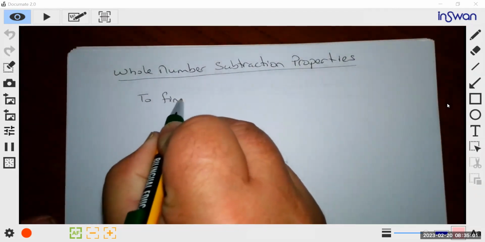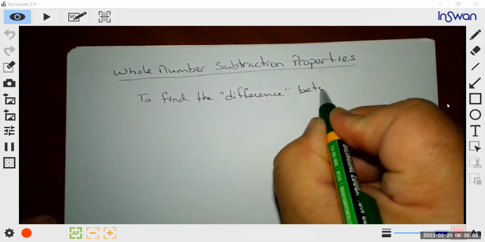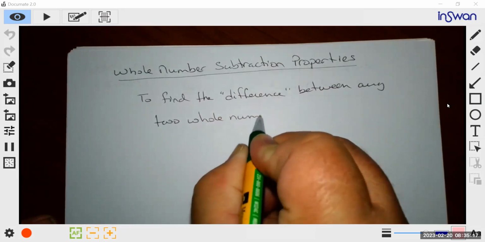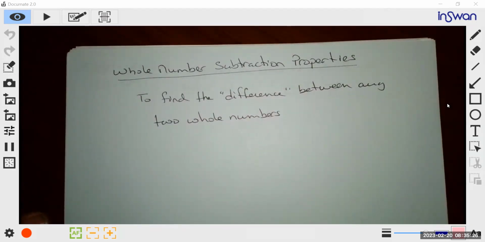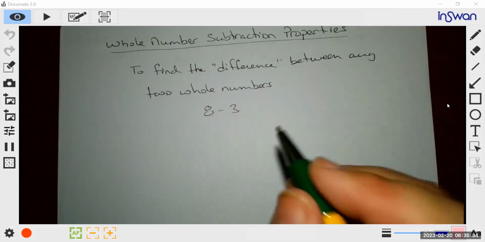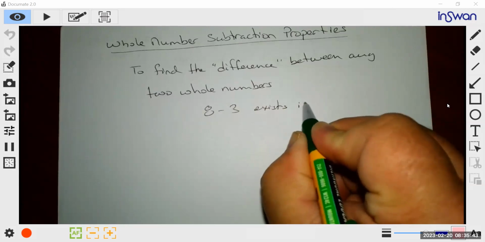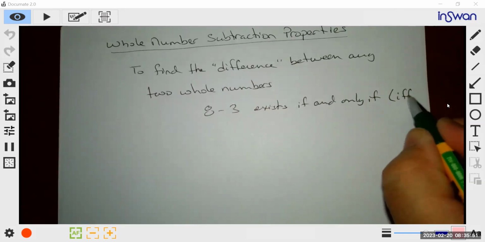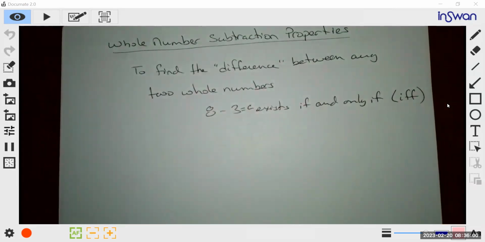So to find the difference between any two whole numbers, excuse me, find the difference between any two whole numbers, 8 minus 3. 8 minus 3 exists if and only if, and whenever I use if and only if, I'm simply going to write IFF. 8 minus 3 equals some number C exists.